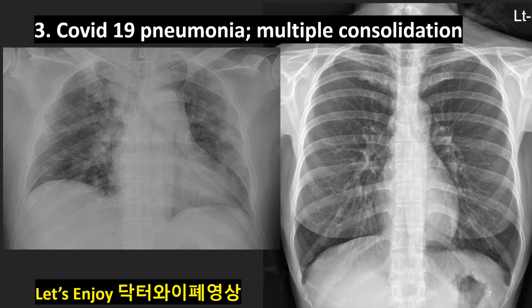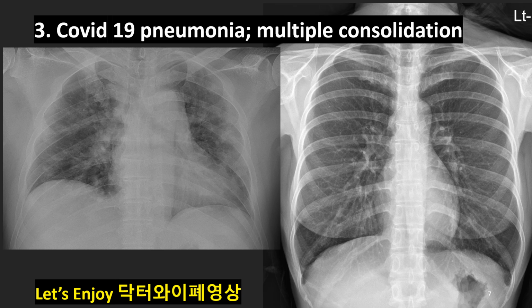We still remember the terrible pandemic of COVID-19 from year 2020 to year 2022, COVID-19 pneumonia. Let's look at the left side film. The old man's condition is not so good because the film is taken as an AP supine view and inspiration is not good enough.